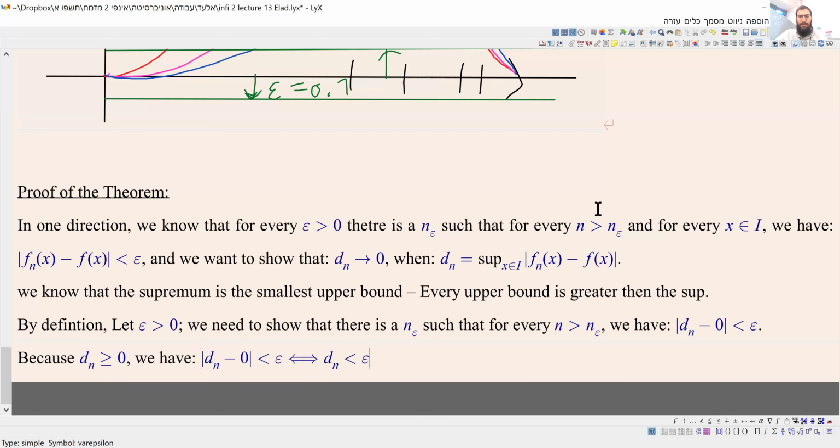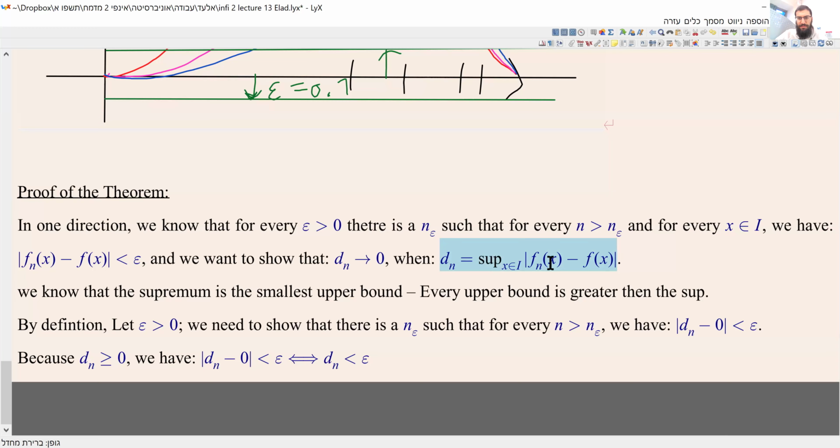And yet again, what is dn? It is the supremum of fn(x) minus f(x).